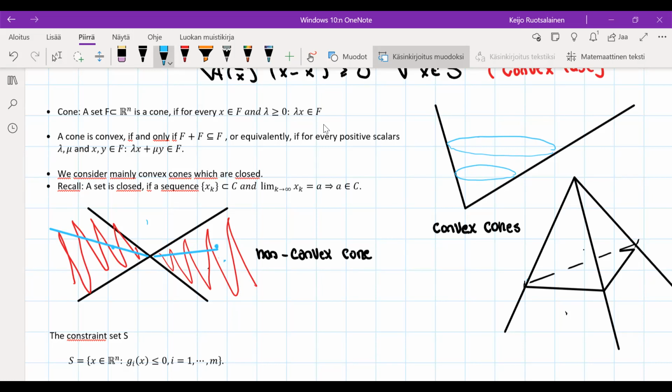So the set where gk is less than or equal to 0 is a closed set. And that's the reason I limit our consideration to convex cones that are always closed, because our constraint sets are closed as well, meaning that the boundary points are included in the set as well.